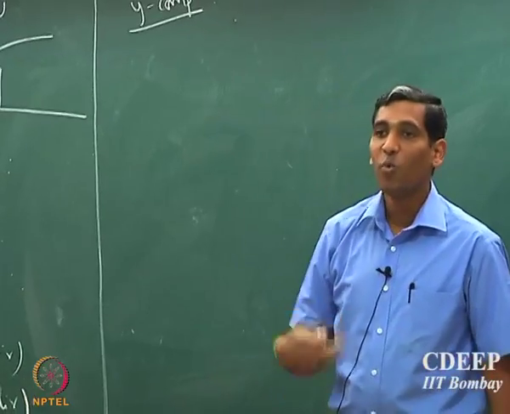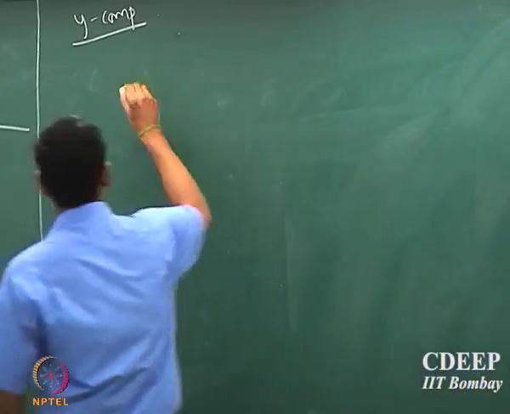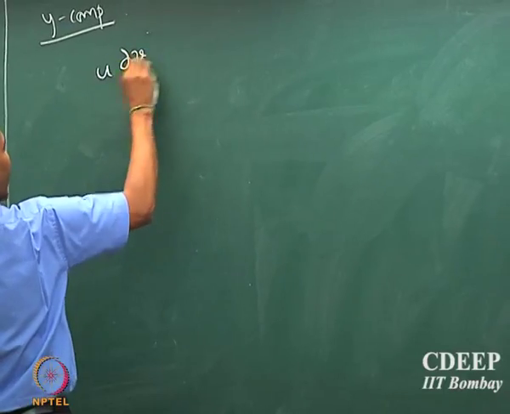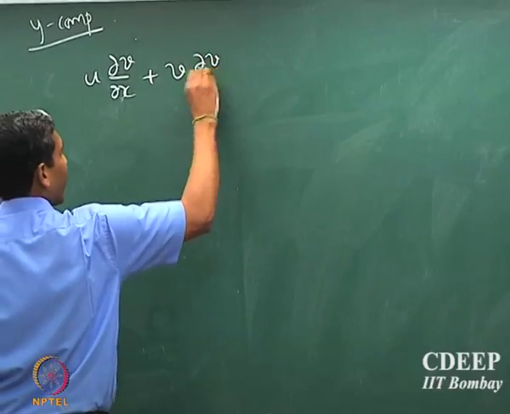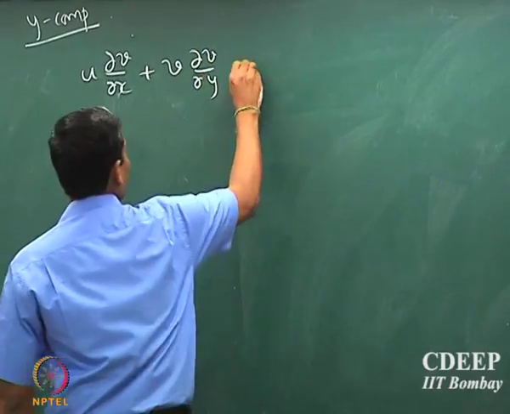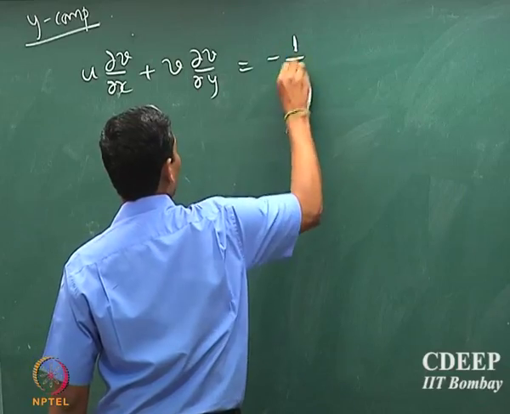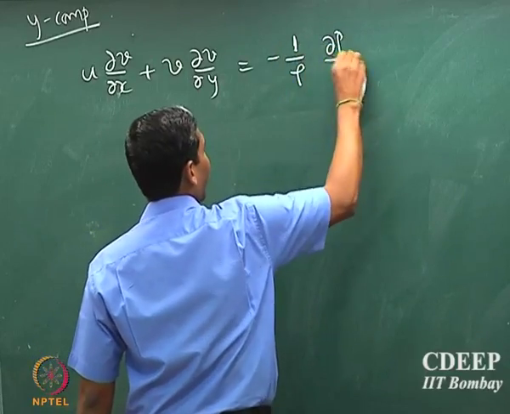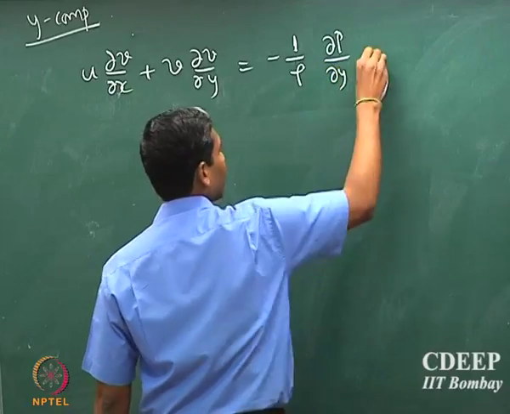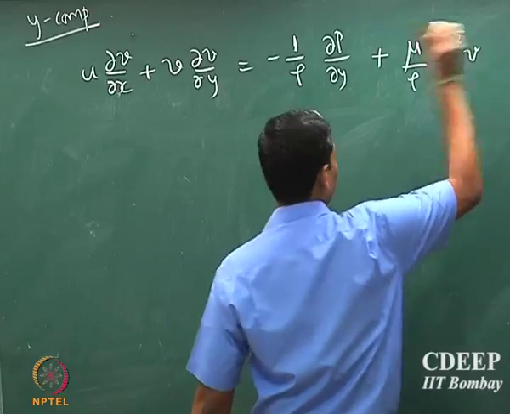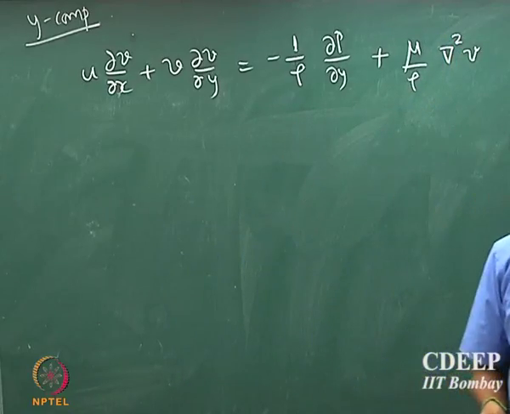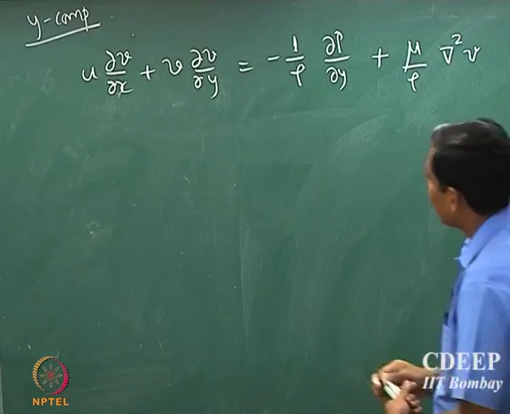If you look at the y component momentum balance, you will have u dv by dx plus v dv by dy, that should be equal to minus 1 by rho dp by dy plus mu by rho into del square v. Okay. So that's the y component momentum balance.